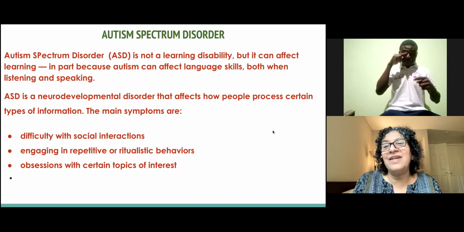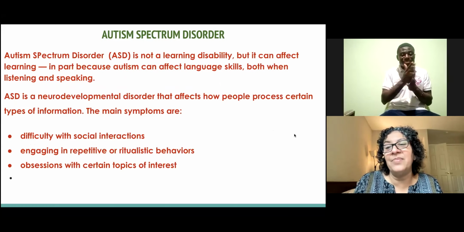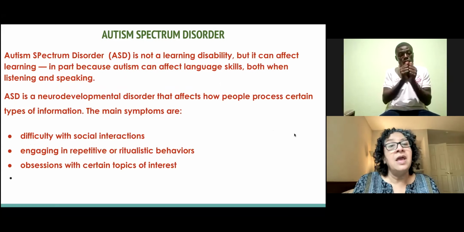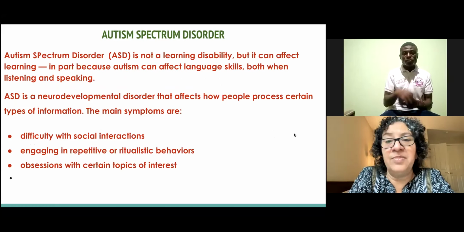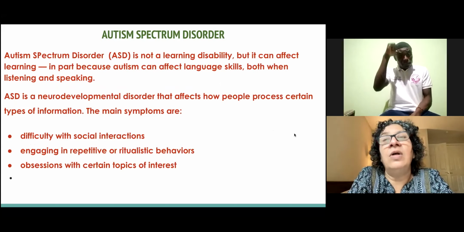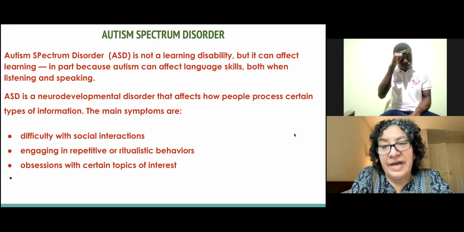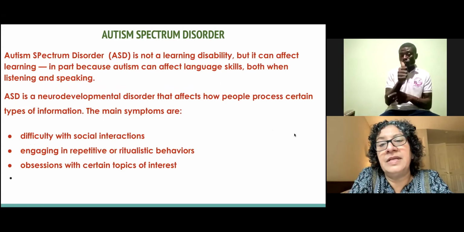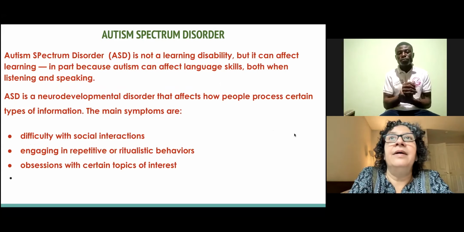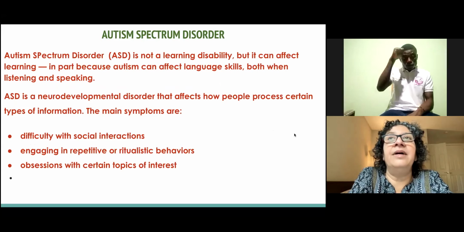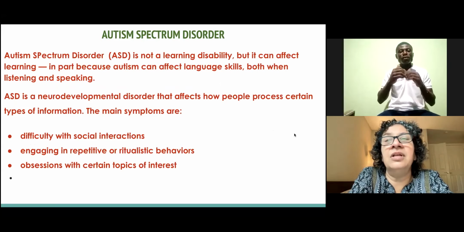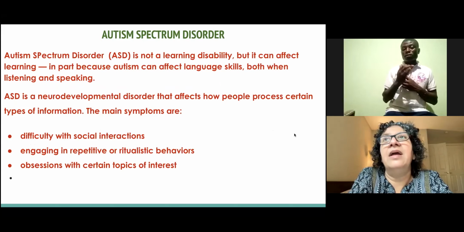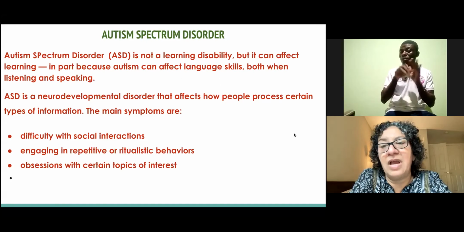Now, another interesting and correlated part. Somebody asked the question yesterday whether autism spectrum disorder is also related to learning disability. In itself, autism spectrum disorder is a separate condition identified by the Diagnostic and Statistical Manual.